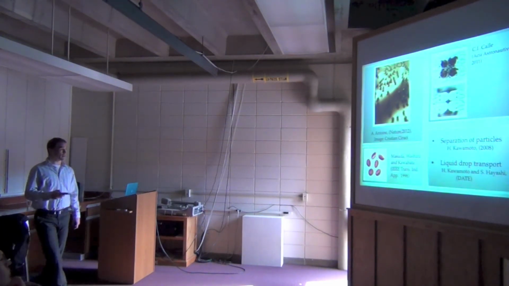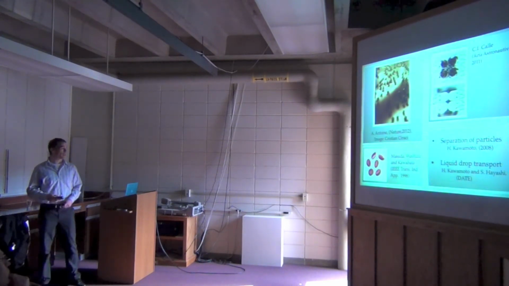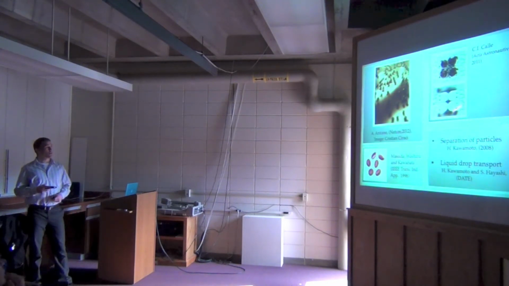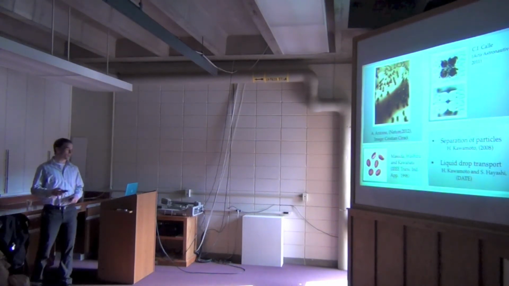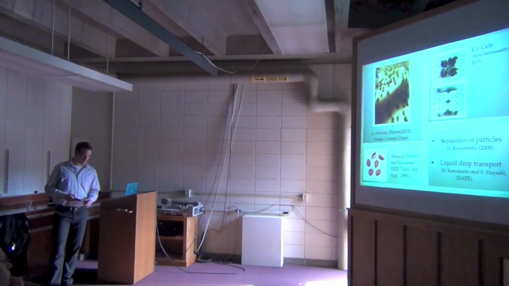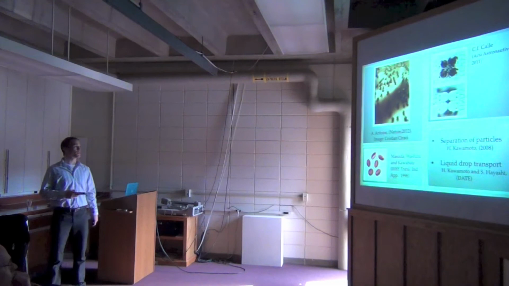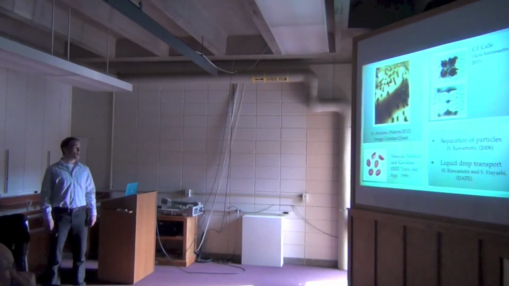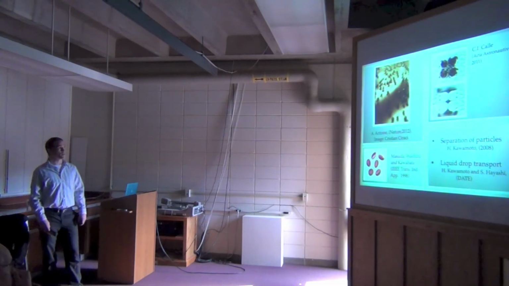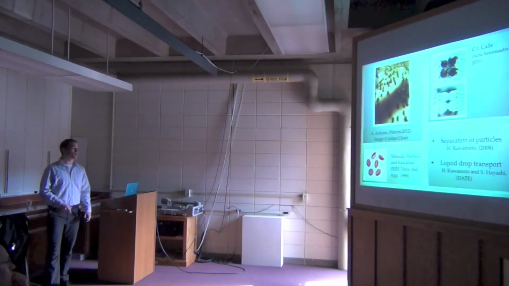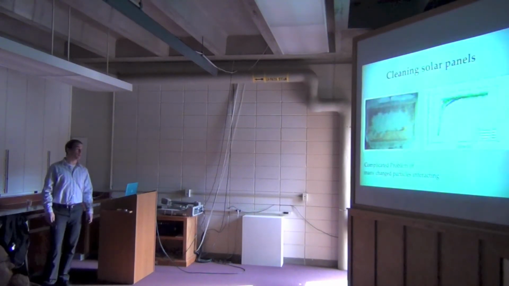Some of the other things this device has been used for are controlling blood cells in some aqueous solution, and in general particle manipulation and control, which can be used for everything from distributing toner in printers to maybe distributing nanoparticles on a surface to change the refractive index, and separation and liquid drop control as well.